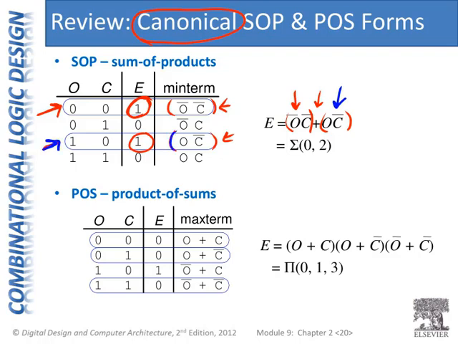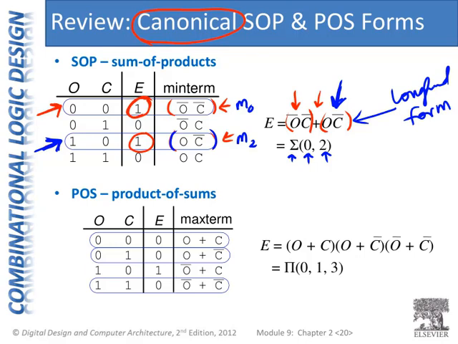So this minterm, O and C bar, will force the output to 1 in the case that O is 1 and C is 0. We can also write this in shorthand form. This is equal to the summation of minterm 0 with minterm 2. Again, if we want to manipulate these equations, though, we need to write it in our longhand form.